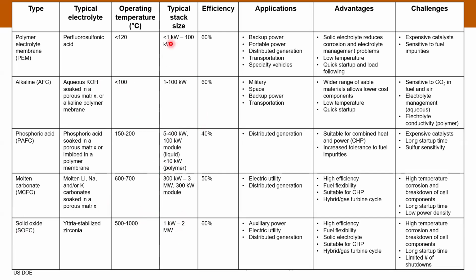One of the issues with a lot of these high power fuel cells is that they operate at very high temperatures. A solid oxide fuel cell is at 500 to 1,000 degrees Celsius. That's pretty hot. And they also have varying levels of efficiency. There are various applications for these, but for utility scale, you're looking at either the molten carbonate or solid oxide types of fuel cells.